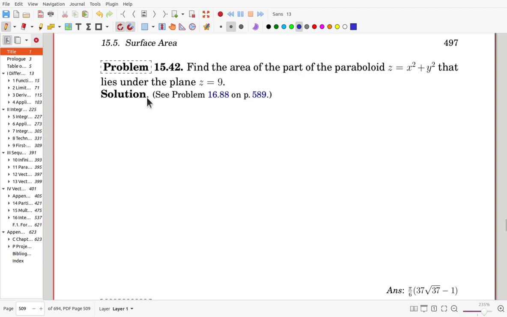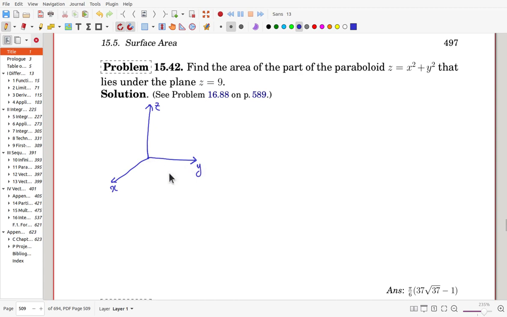Okay, let's try to visualize the surface first. There's the z direction, there's the x direction. In fact, this is the x direction, there's the y direction, and that is the z direction. And the reason we are using this x direction is that along this rotation and up, that is the positive orientation in three-dimensional coordinates.